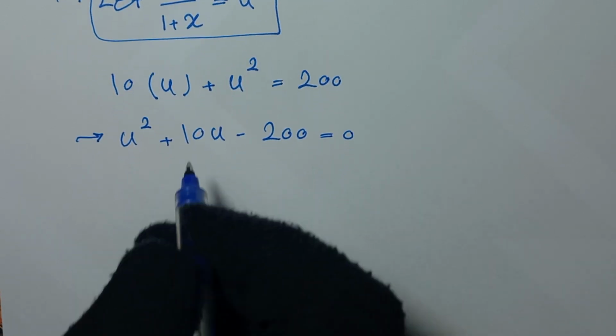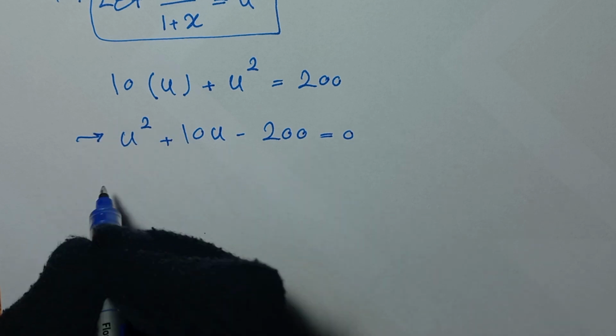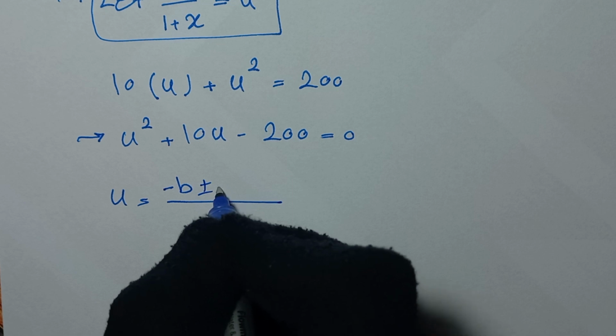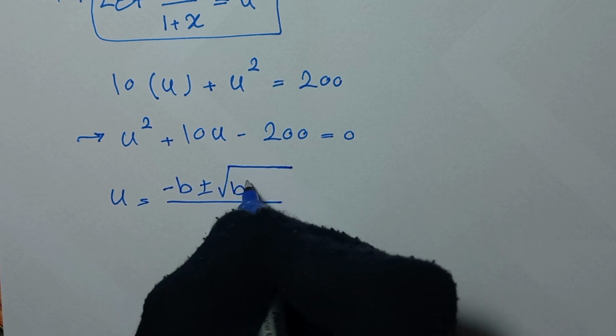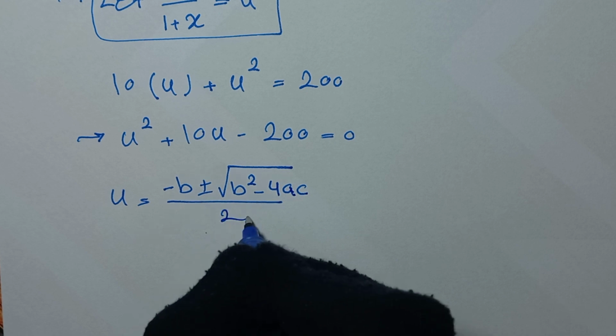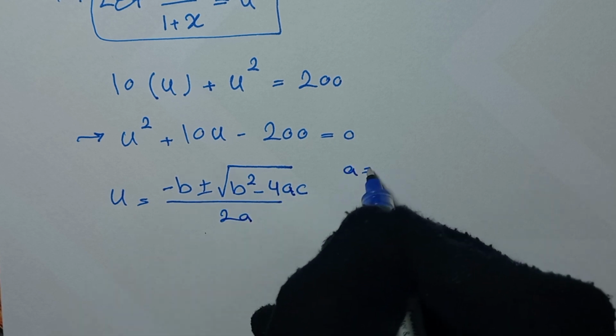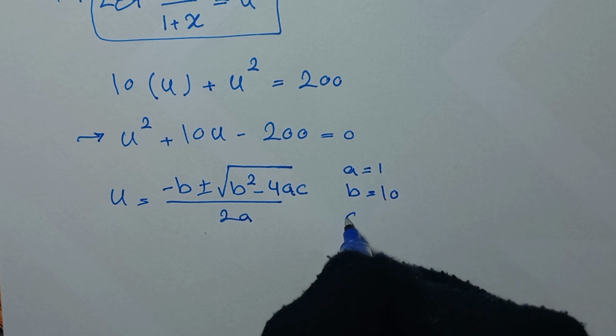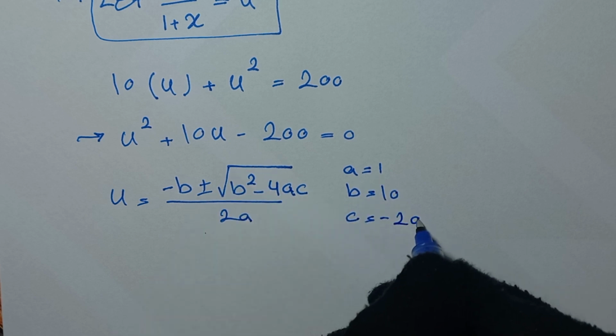Here we have a quadratic equation, and we use the quadratic formula: u is equal to negative b plus or minus the square root of b squared minus 4ac, over 2a. a is the coefficient of u squared, which is 1, b is the coefficient of u, which is 10, and c is the constant, negative 200.